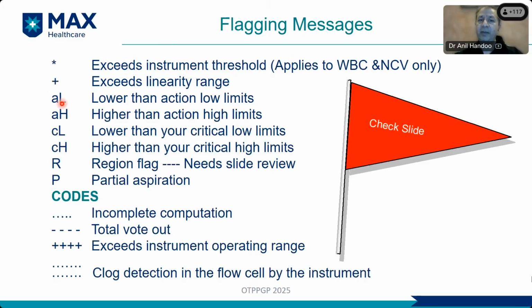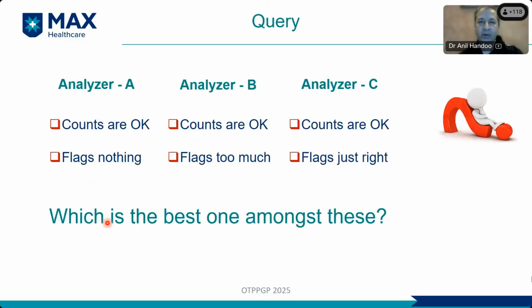AL means action at a low limit. C means critical. R means region flag, or sometimes it can also mean a review flag. And P sometimes means partial aspiration. And then, of course, you have so many codes which are dependent on different analyzers. There will be different codes which they would have defined. So knowing your analyzer before you really look at the flagging messages becomes equally important.